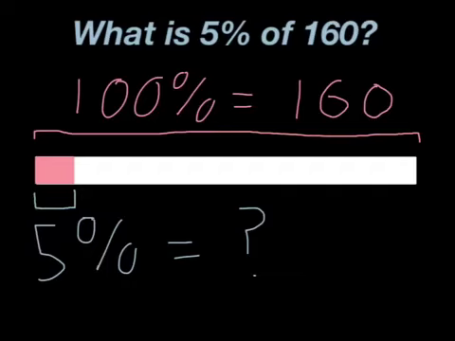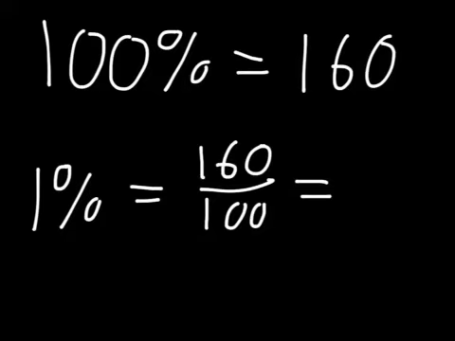We know that 100% is 160, this whole thing here, but we don't know what 5% is. That's what we're trying to find out. What is this 5% out of this total of 160? I want to show you two different methods for solving this. The first, we find out what 1% is, and then we go from there.